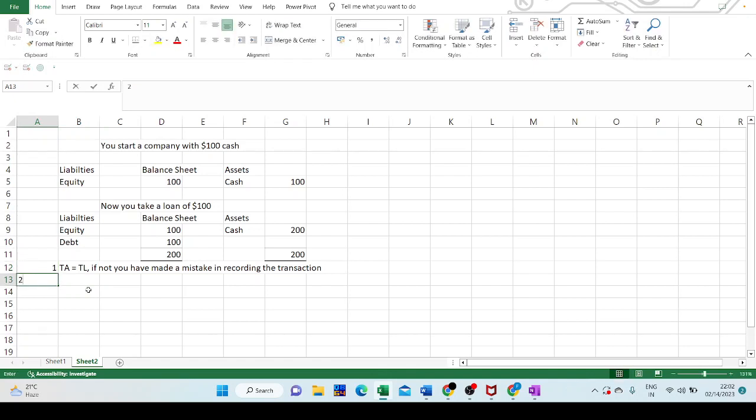Now write the second point. The second point is that please note every transaction is affecting two accounts.